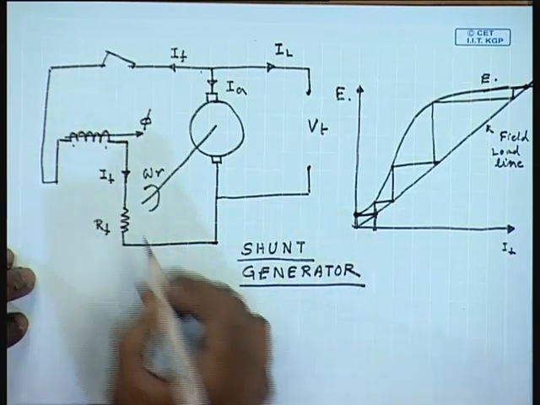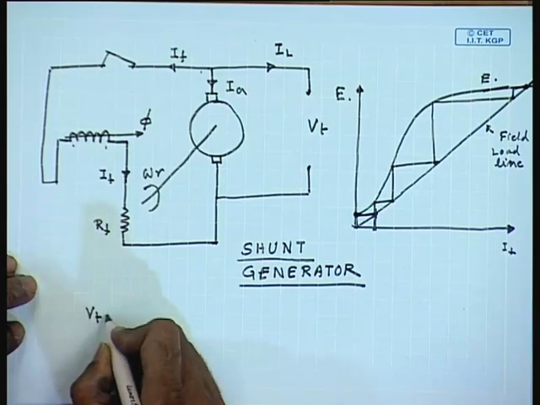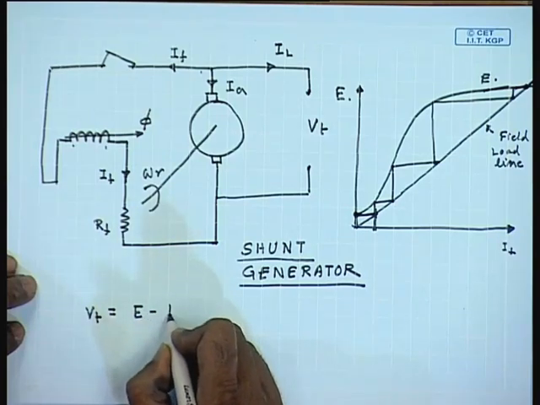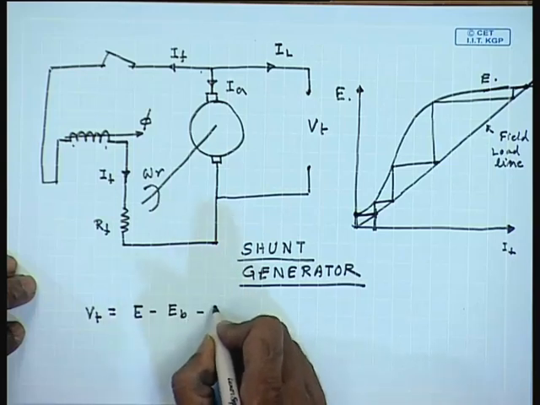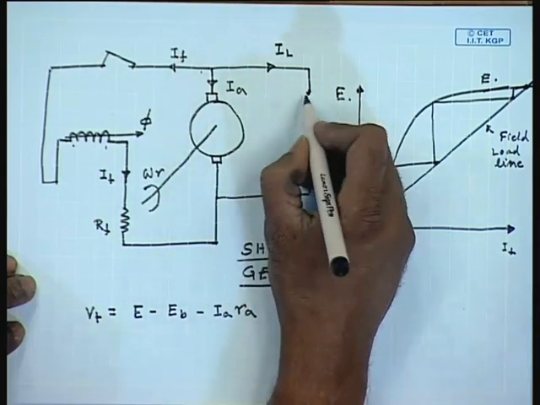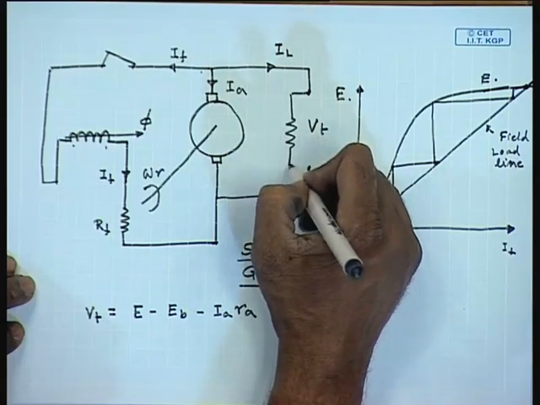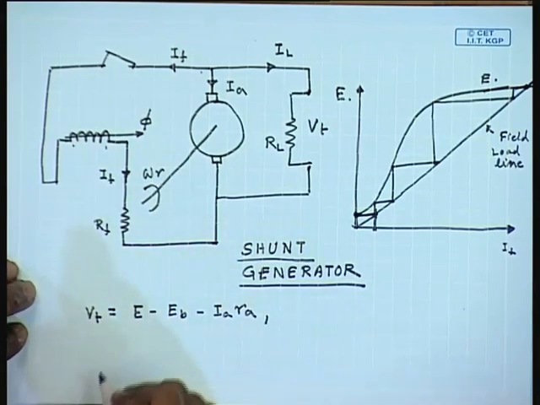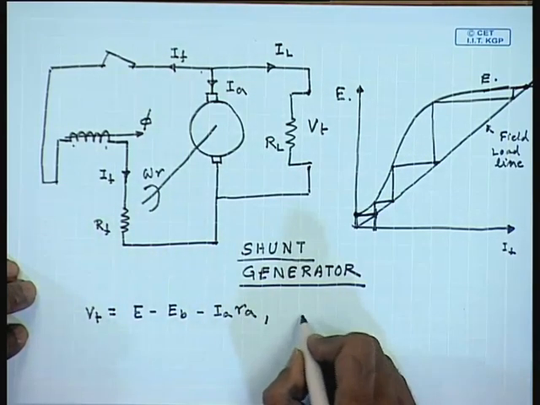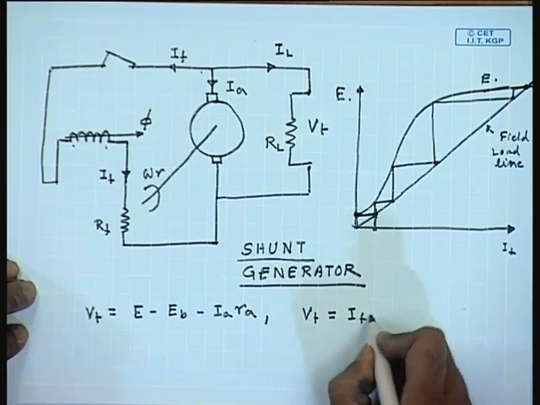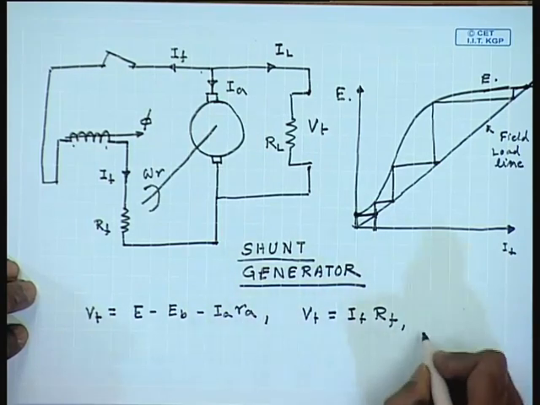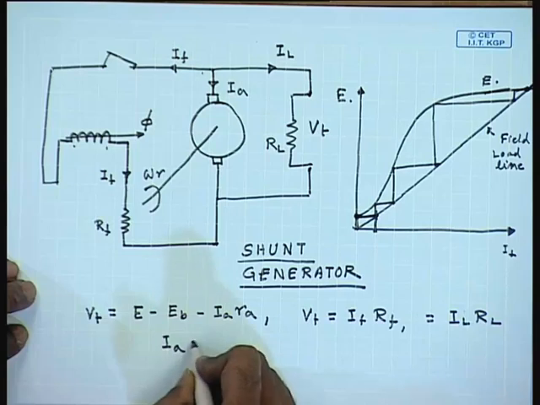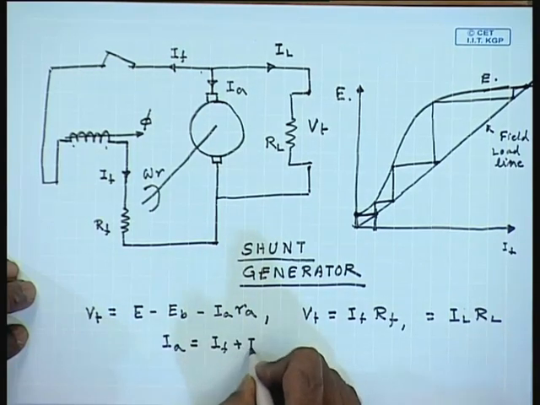For this shunt generator, then we can write Vt equal to E minus Eb, which is the brush contact drop, minus Ia Ra. Also, Vt equal to If Rf equal to IL RL and Ia equal to If plus IL.